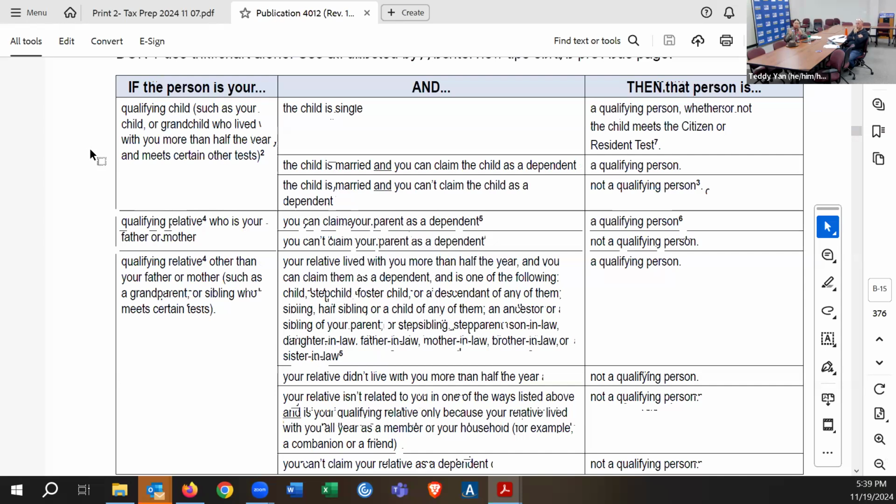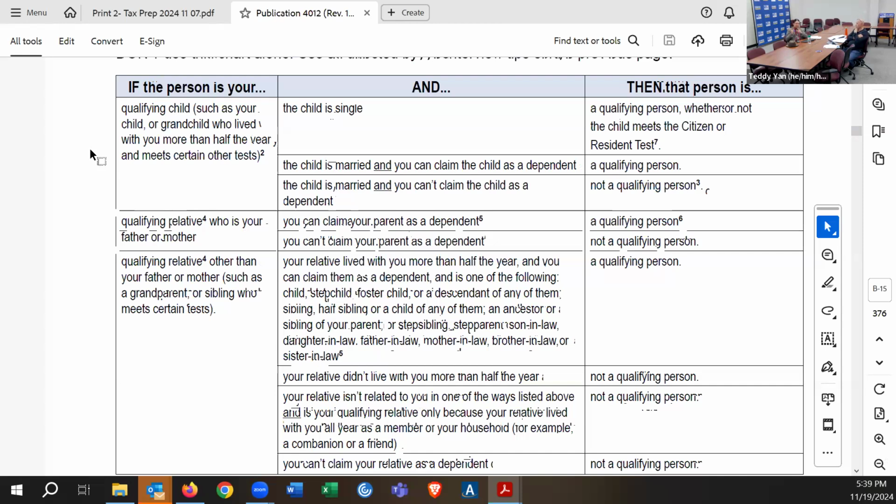Well, we know Dottie is single, so the question is, is Dottie a qualifying child? Does she meet all the tests for qualifying child? If she does meet all the tests for qualifying child, then Dottie is a qualifying person for head of household, even if she doesn't meet the citizen or resident test.